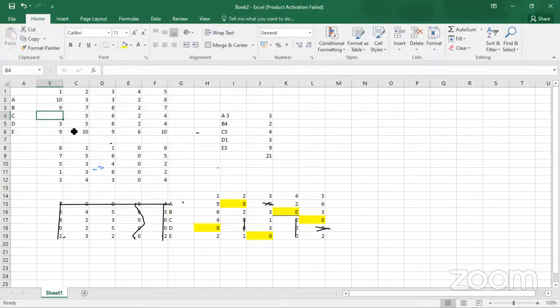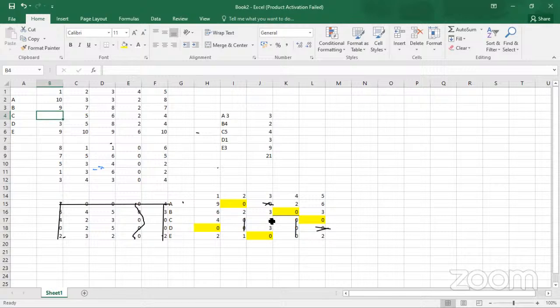Same as this: row reduction, column reduction, covering all the zeros. Then if you don't get the number of lines equal to 5, the order of the matrix, again you reduce the matrix further. When you have got the final matrix, here there is only a slight difference when we are assigning.